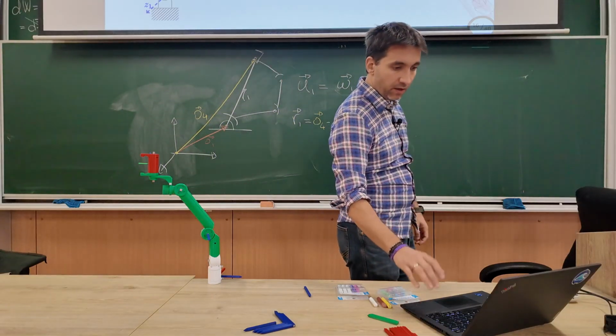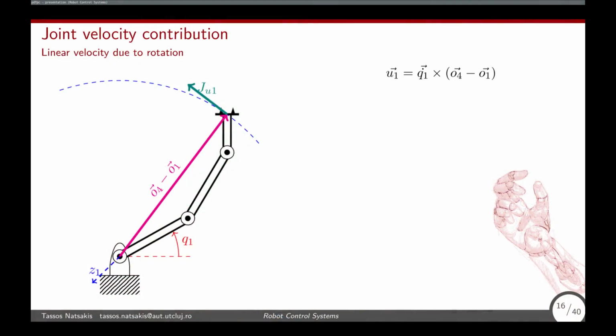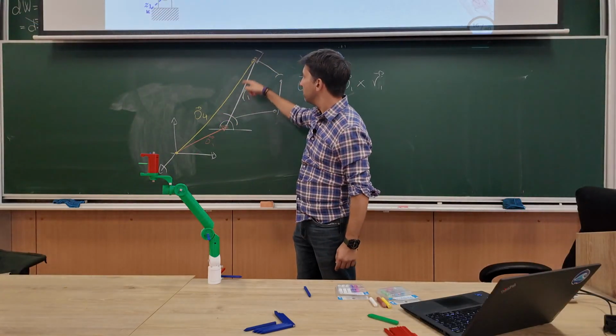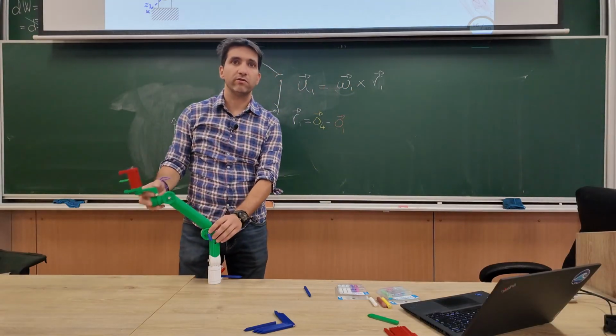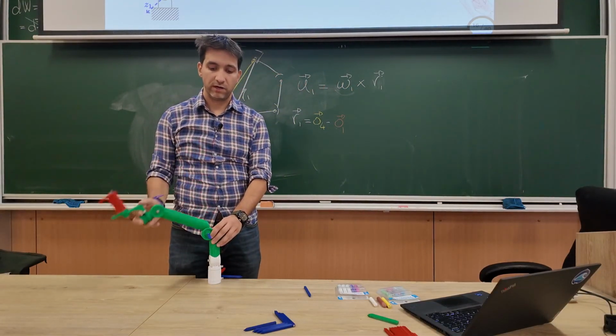Great. So I have the linear velocity of the end effector due to joint 1, U1, is the cross product between the angular velocity around the joint, which is basically how fast the joint rotates, which is vector q dot 1, cross product this vector, which is basically the radius of the rotation, right?